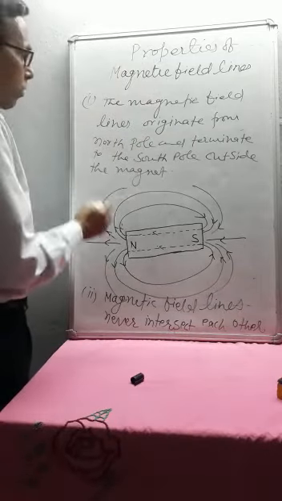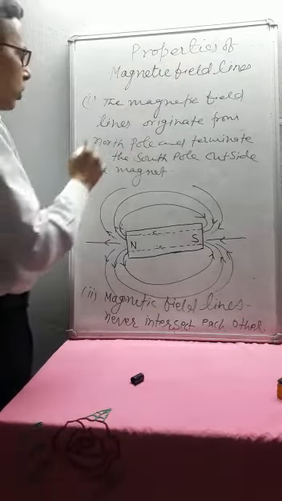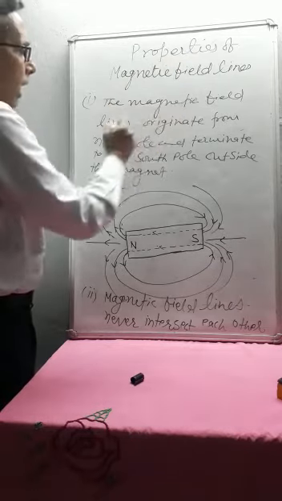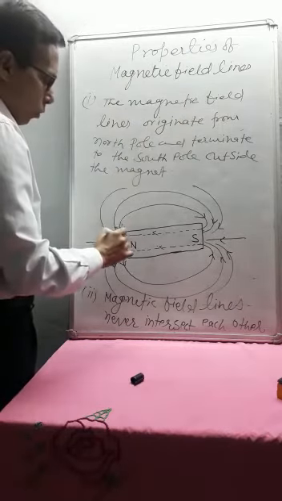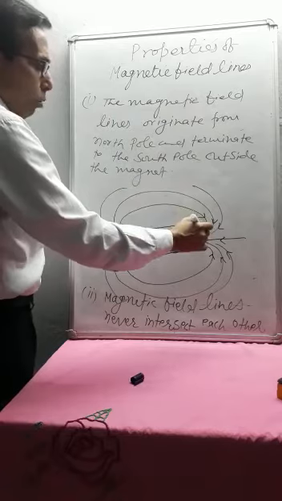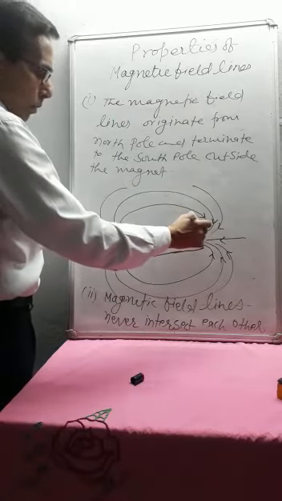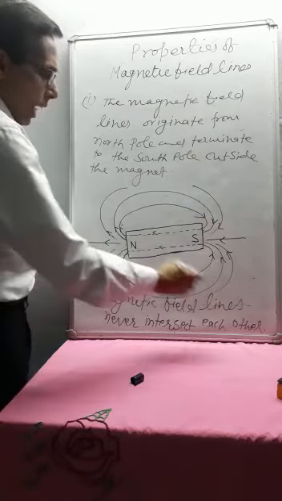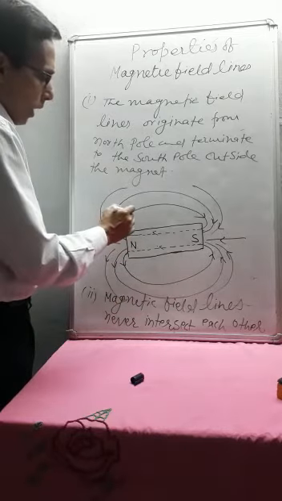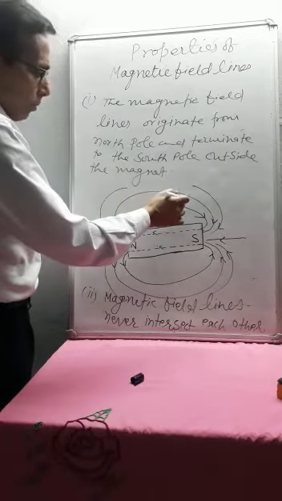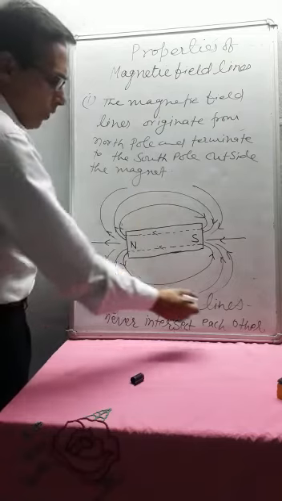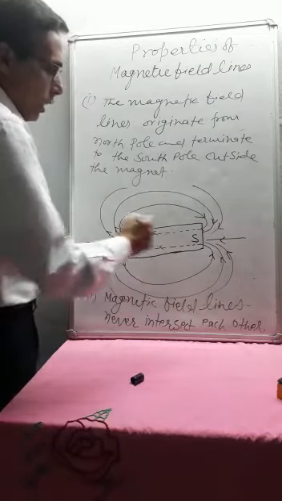So first, what are the properties of the magnetic field lines? First one is the magnetic field lines originate from North Pole, terminate to the South Pole outside the magnet. Second is magnetic field lines, here you see not a single magnetic field line intersects another. So note magnetic field lines never intersect each other.